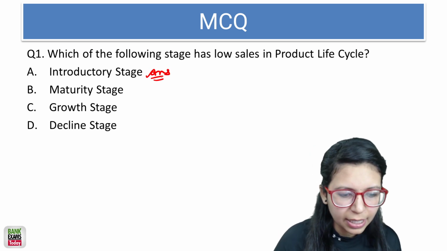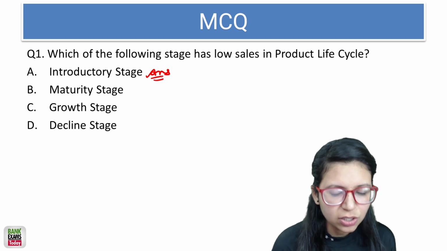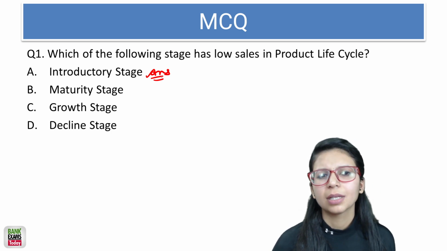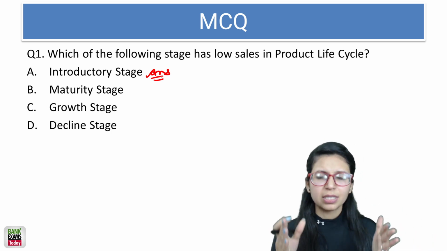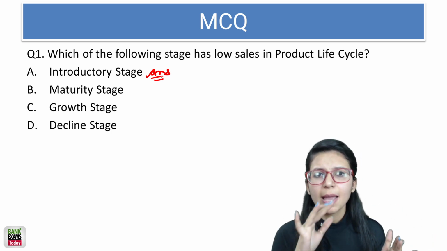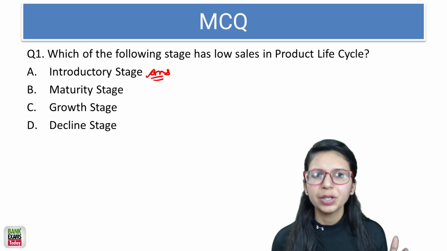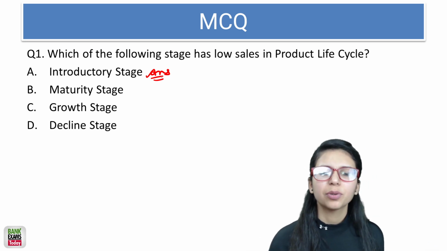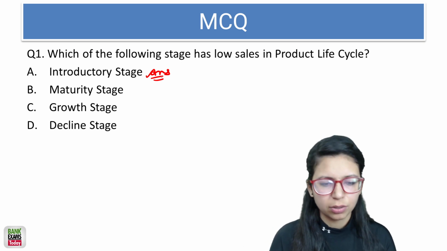Somebody has answered decline stage. That's not right, because in the decline stage there are sales, but they are declining, they have started to fall. So it's not as low as compared to the introductory stage. So the correct answer will be introductory stage.